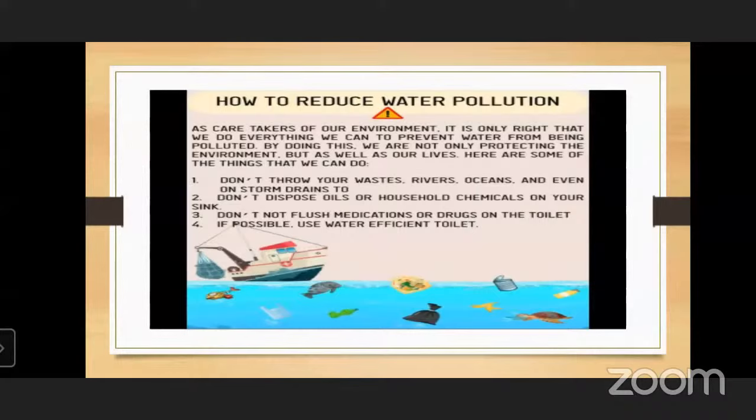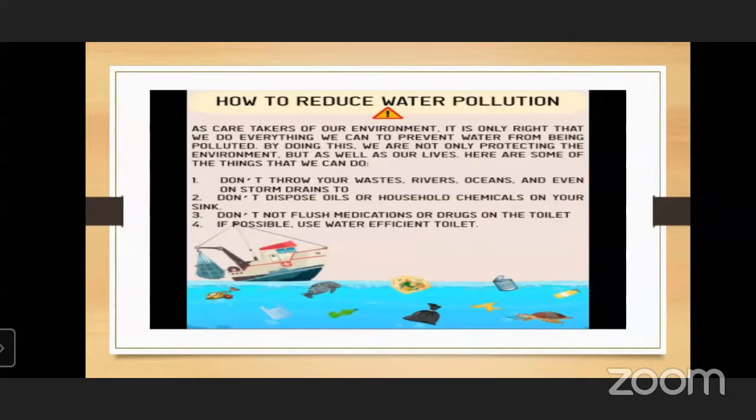Don't throw your waste into rivers, oceans, and away on storm drains too. Yes, the first point is that we should not throw our waste in a river or ocean. So what happens when we throw garbage in the ocean?